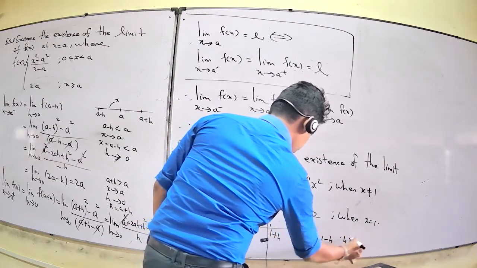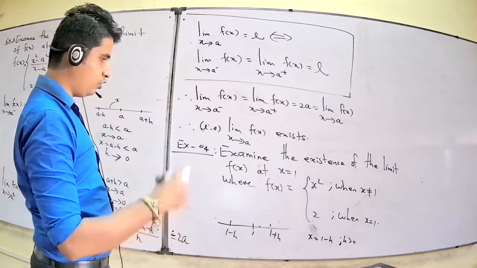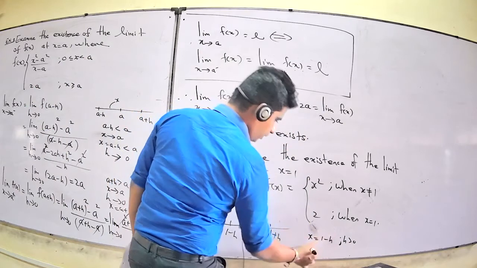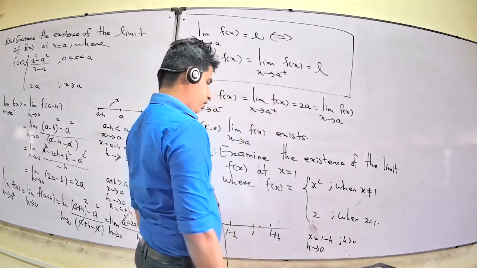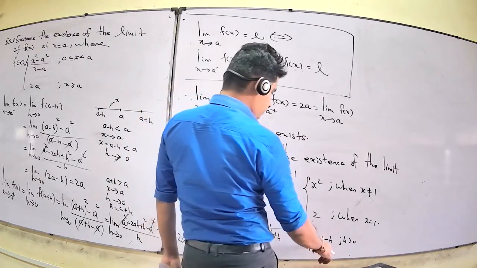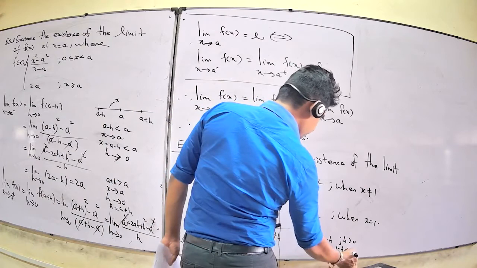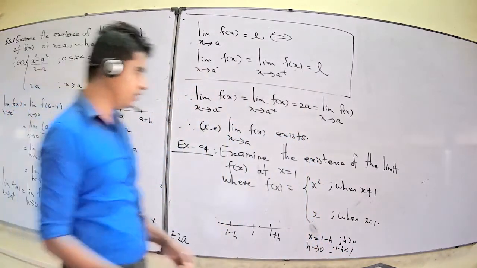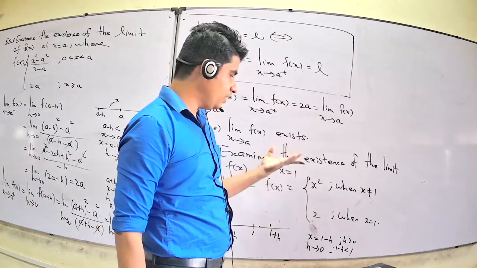As h tends to 0, you can find f(1 minus h), because 1 minus h is less than 1, so your function takes the value for x not equal to 1.